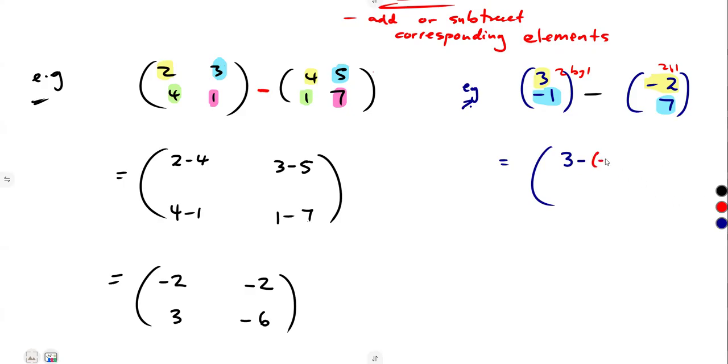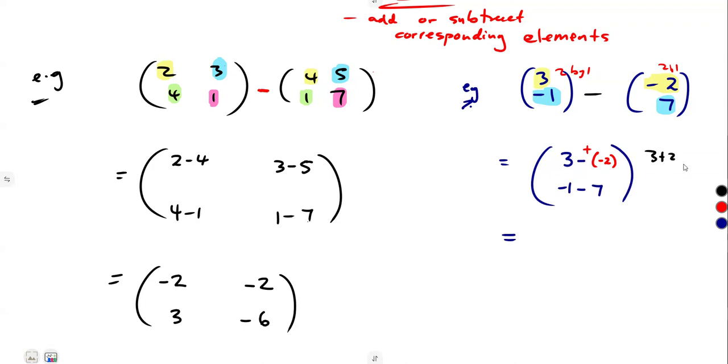3 is subtracting minus 2. Then another part, we have minus 1 minus 7. So this is minus 1, subtracting a 7. So take note, a minus and a minus from our directed numbers is a plus.